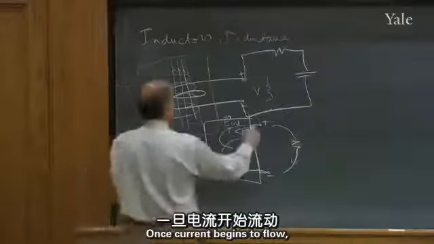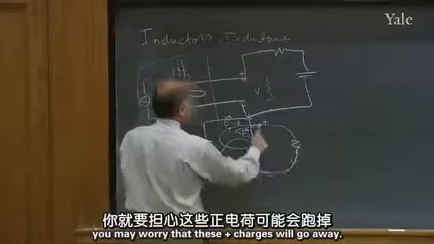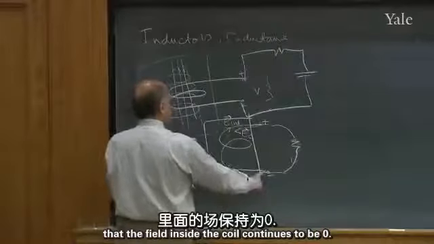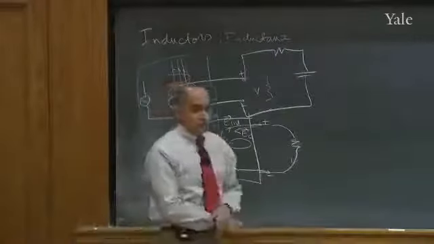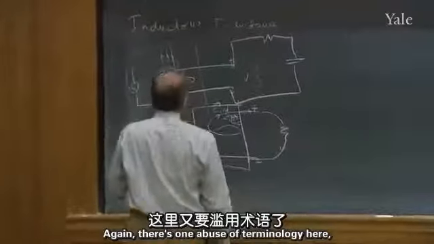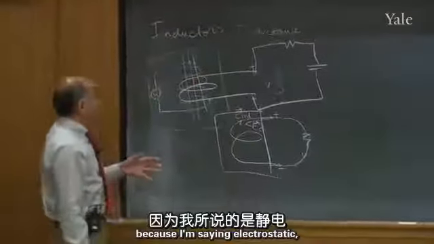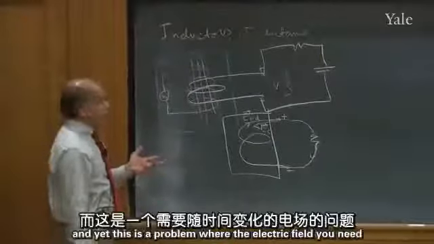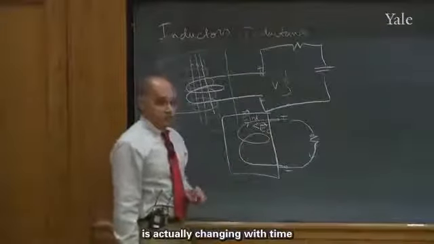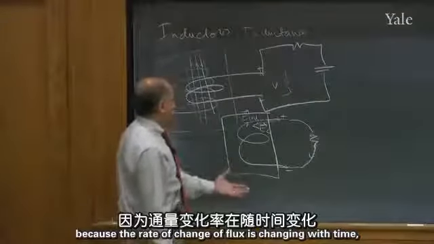Once current begins to flow, you may worry that these plus charges will go away. There'll always be some electric charges, making sure that the field inside the coil continues to be 0. Again, there's one abuse of terminology here, because I'm saying electrostatic, and yet this is a problem where the electric field you need is actually changing with time, because the rate of change of flux is changing with time.